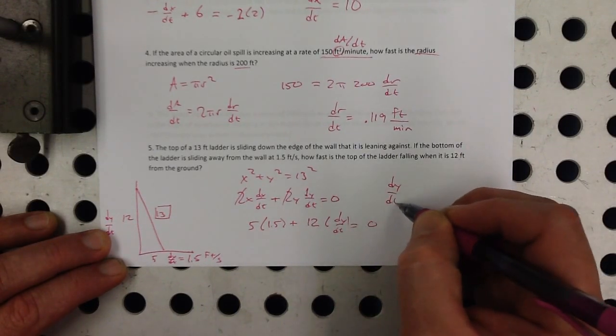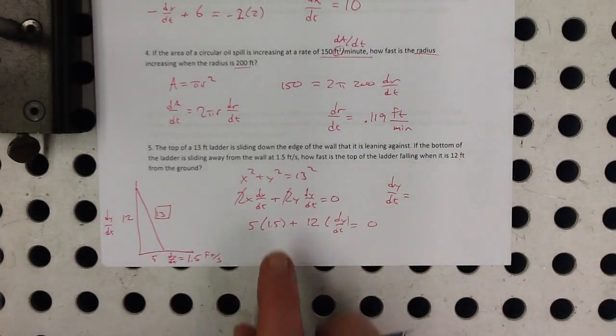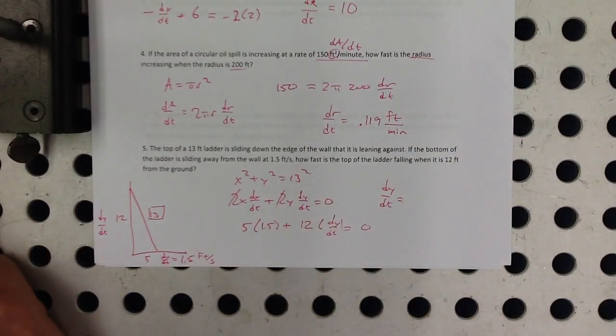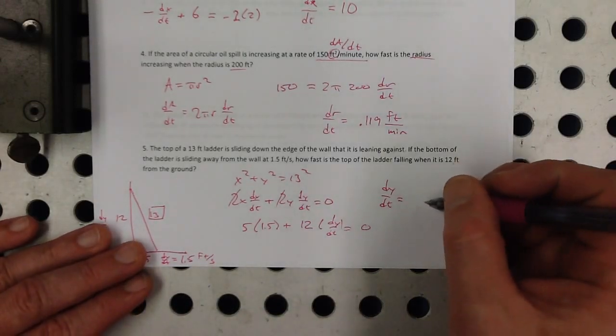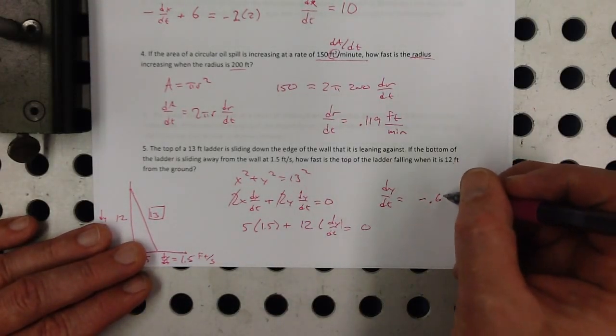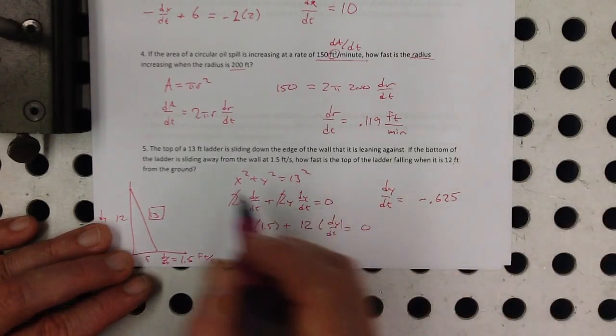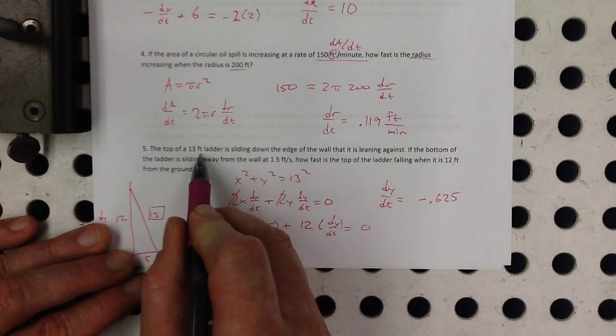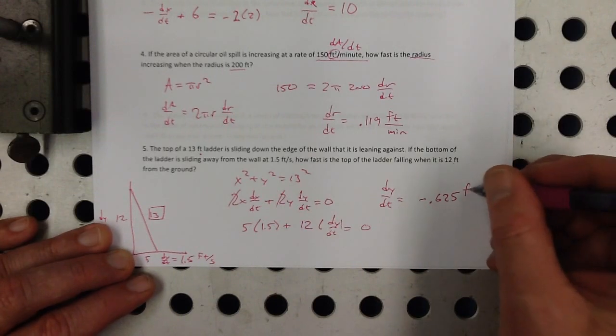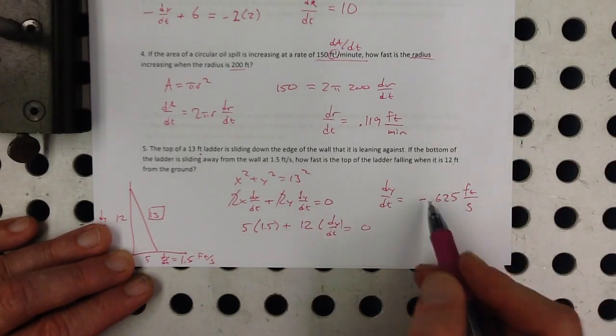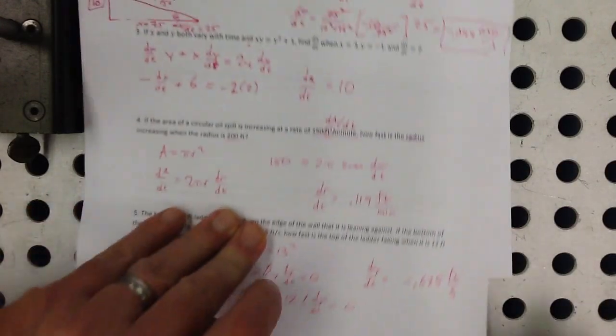So dy/dt is equal to negative 0.625, and that would be feet per second. Makes sense that it's negative because that's going to be dropping.